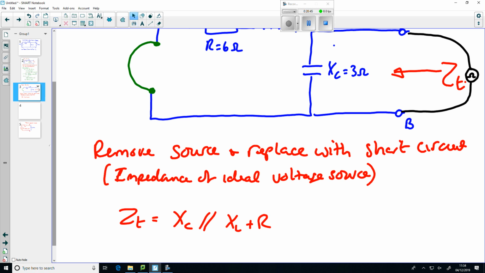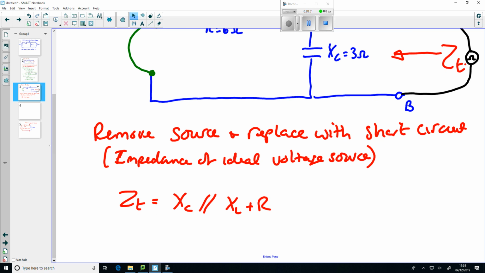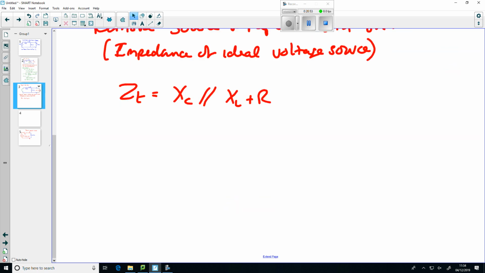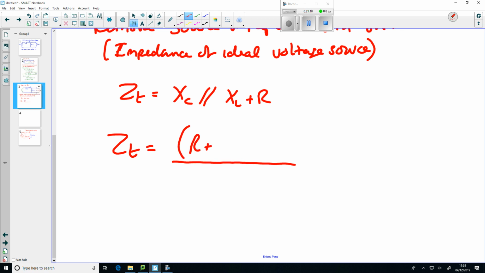So we've got to do a parallel calculation and a series calculation. So let's have a look at doing that. What we'll do is we'll use product over sum. So we've got RL plus XLJ, that's the two components in series.